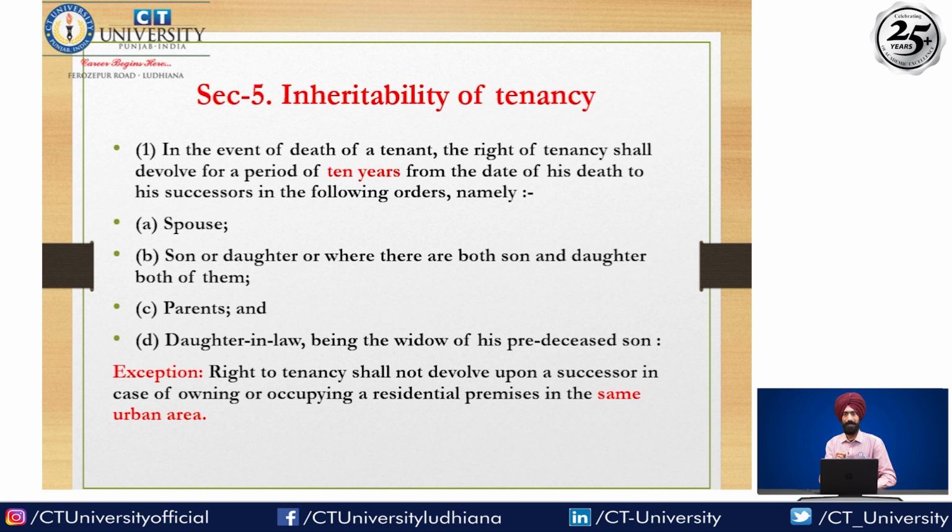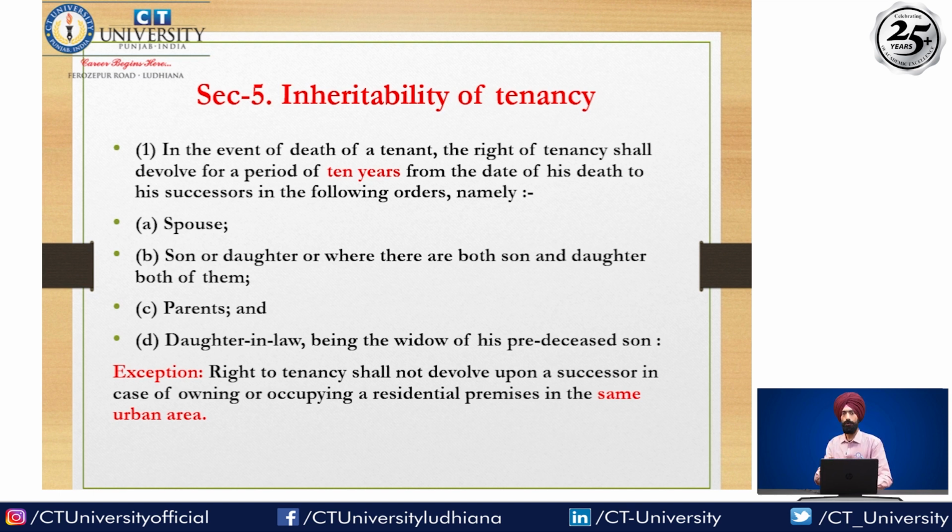The condition is that if any of the spouse or any of the successors has any occupation or any property in the same particular area, then in that case the 10-year right cannot be sustained according to Section 5.